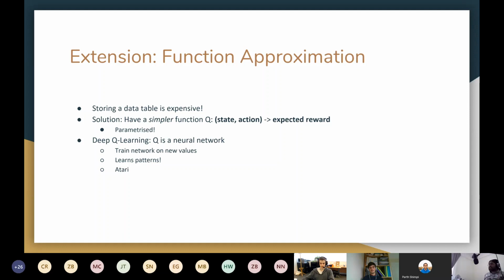And if you have a nice, well-structured game where there is something to be understood about mapping states and actions to reward, then you can get a lot of value out of this. And this is the technique that DeepMind used to do really well on Atari games.